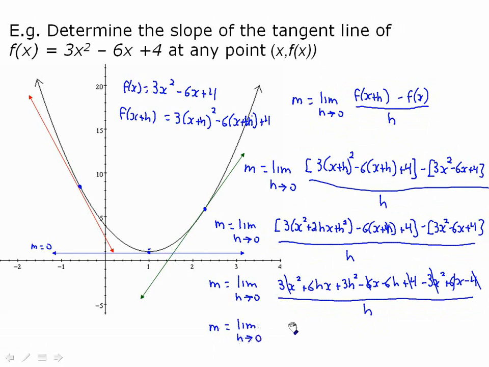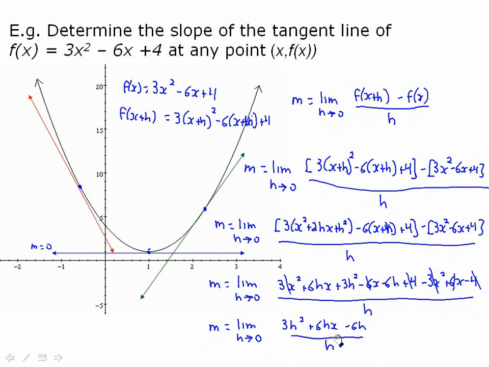as h approaches 0. All we have left is 3h squared plus 6hx minus 6h all over h. And I will get a clear screen to write on in just a few seconds.